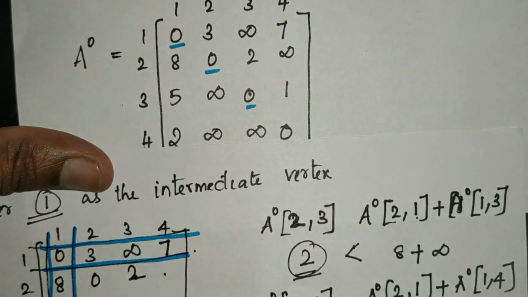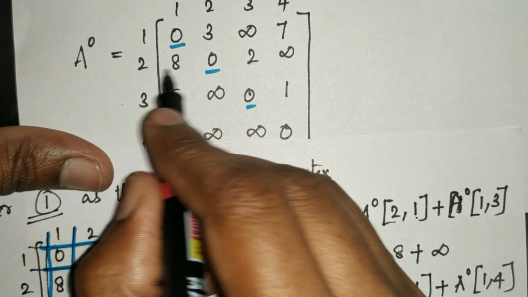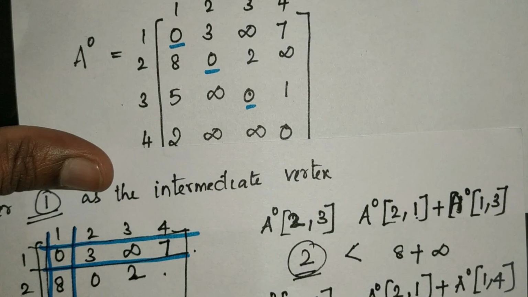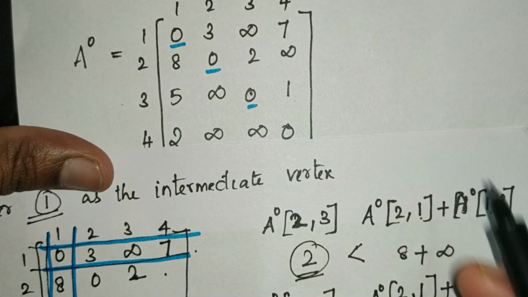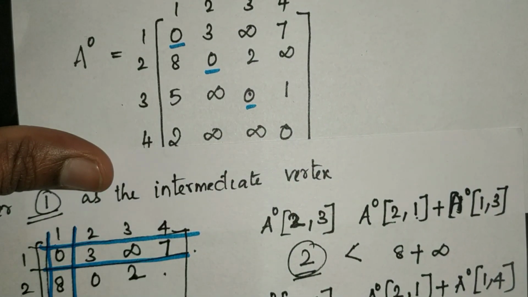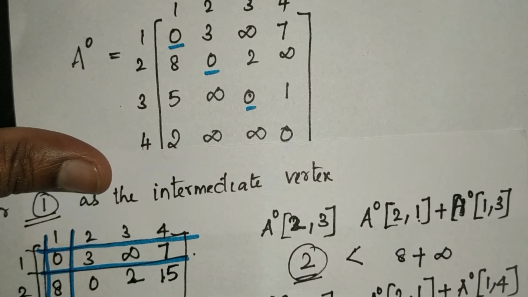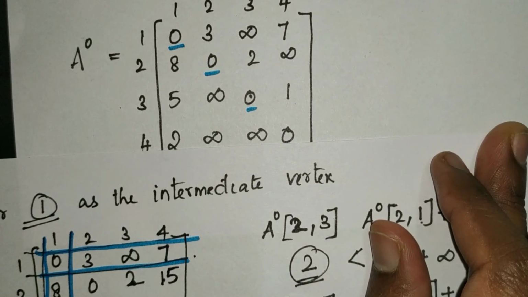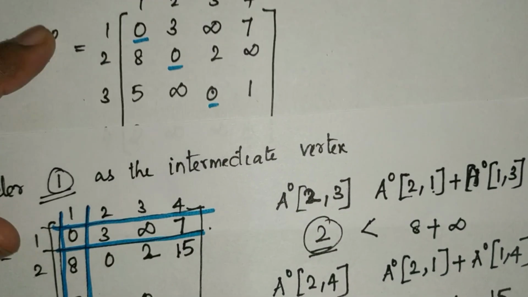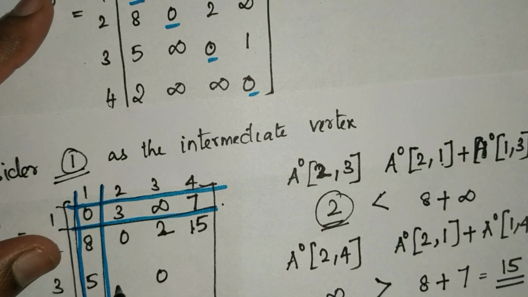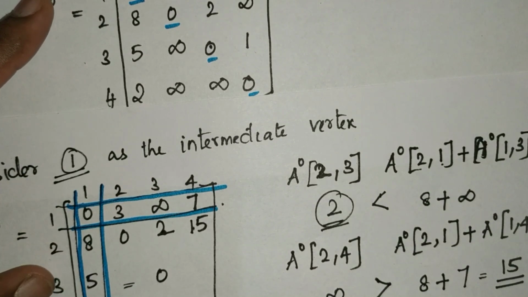A0 of 2, 4 is infinity, and 2, 1 is 8 plus 1, 4 is 7. So that is equal to 15, and 15 is less than infinity. So we update here with 15. Now similarly we can go on to the next value, that is 3, 2.